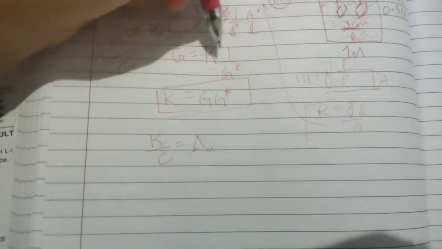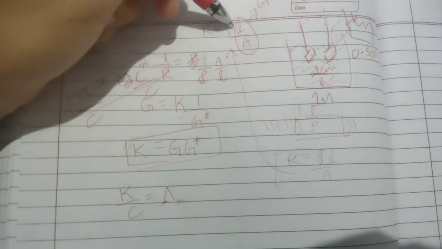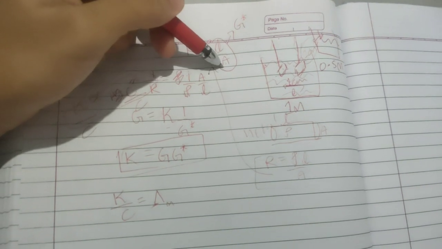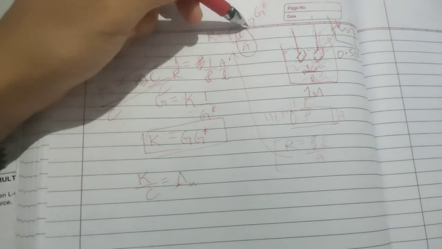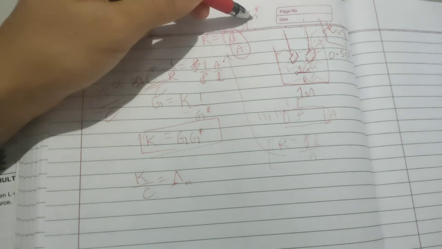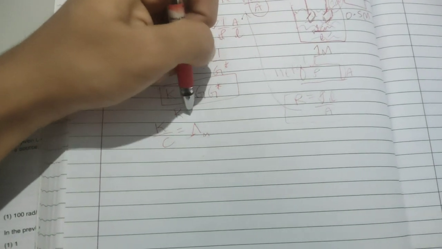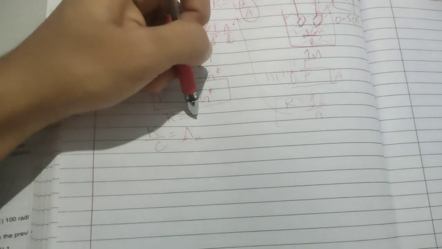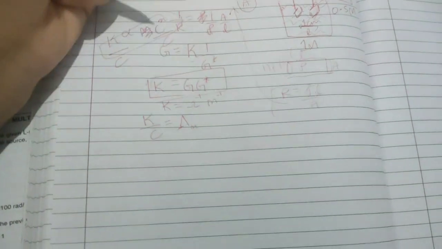So this G star value, since G star is L over A, which is 1 over meter. So kappa is equal to conductance, which is ohm inverse, and this is meter inverse.